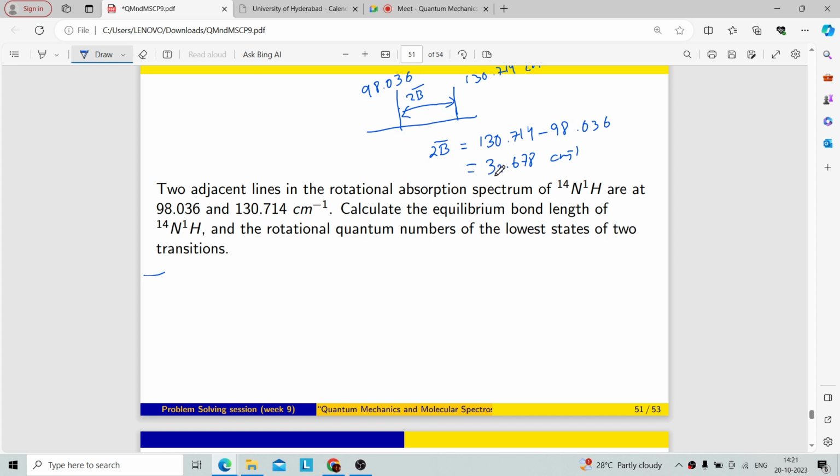We need to calculate the equilibrium bond length and the rotational quantum numbers of the lower states. Each line will be from some transition, right? Let's say from the J double prime state to the J double prime plus 1 state. Each line will be coming from this kind of transition.